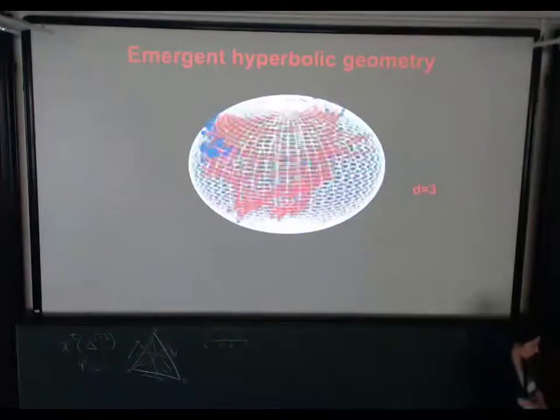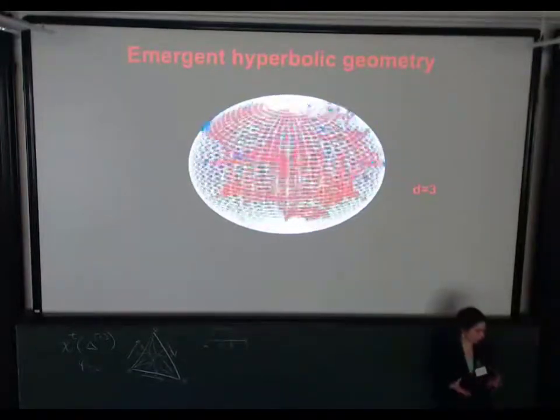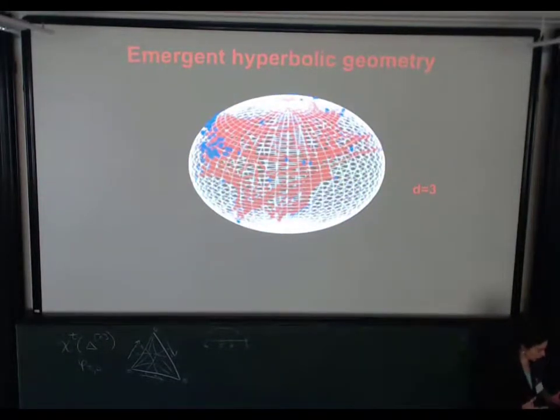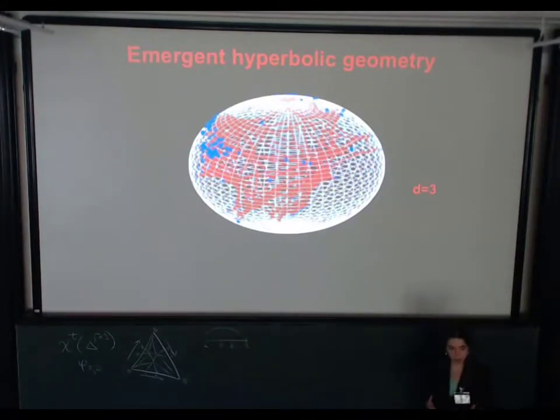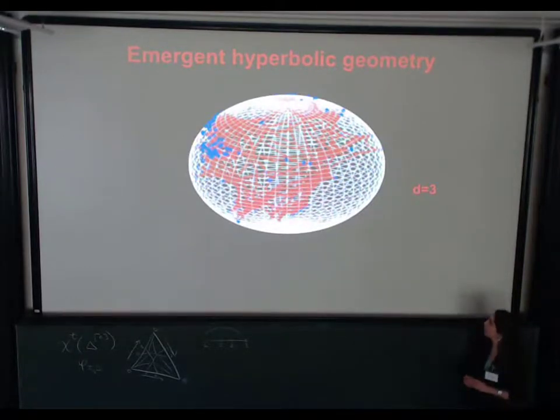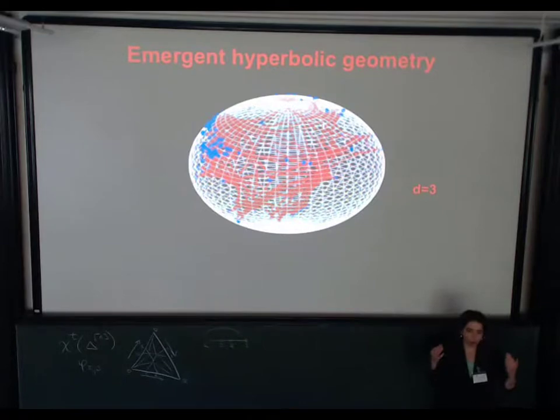And similarly, the topology in D equal to 3 is a sphere, but if you impose that the distances are all the same, this sphere should be interpreted as an H3 space. So let's look at the position now of the nodes on the surface of the sphere.